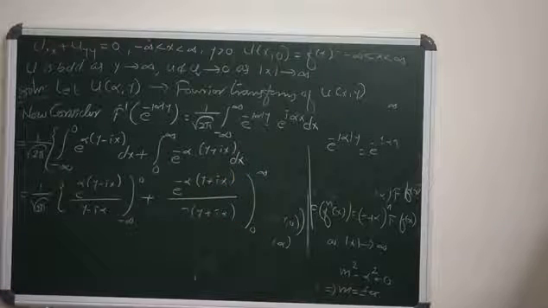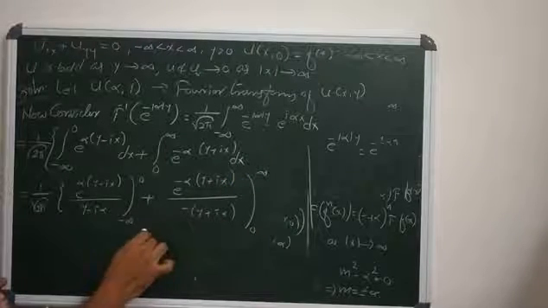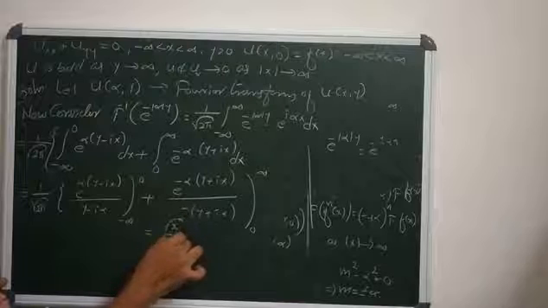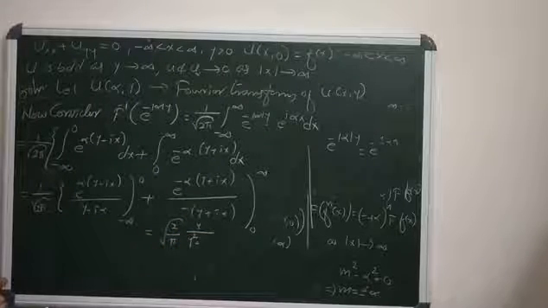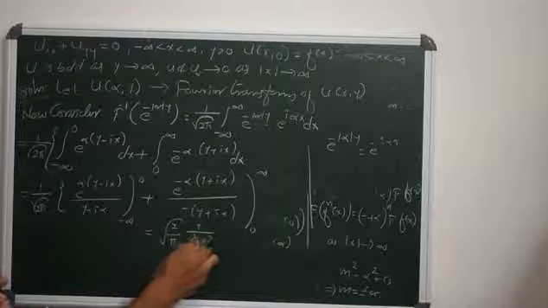Then you can simplify it. It is nothing but square root of 2 by pi into y by y square plus x square.